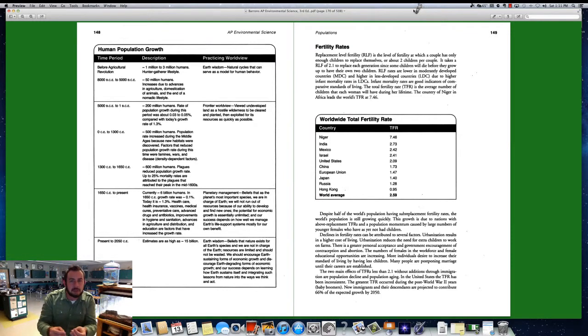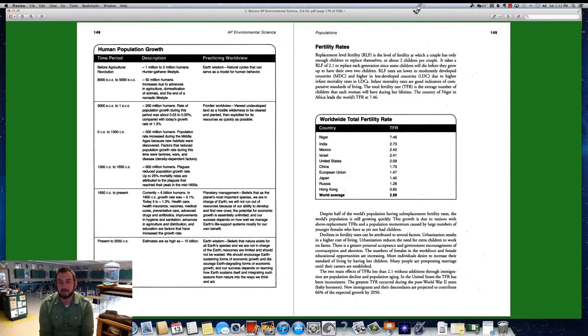So it's usually around 2, a little bit higher than 2 by just a tenth. Replacement level fertility rates are lower in moderately developed countries and higher in less developed countries due to higher infant mortality rates. Obviously, because there's less health care and health quality, they're going to have a higher number, because more children are going to die in infancy.